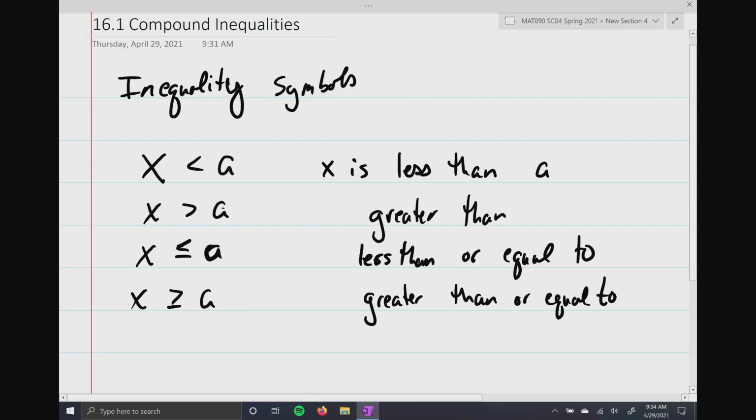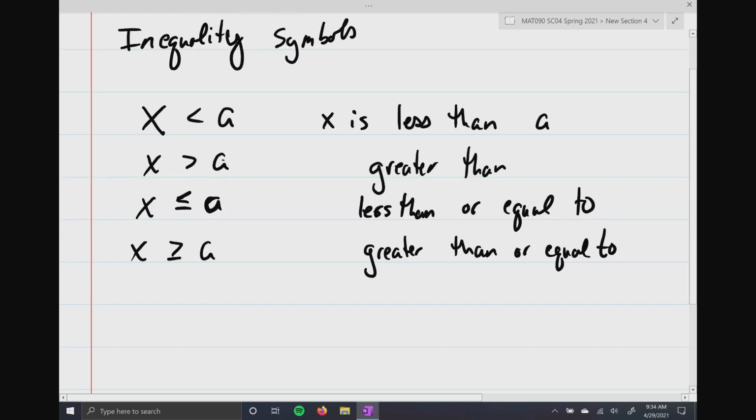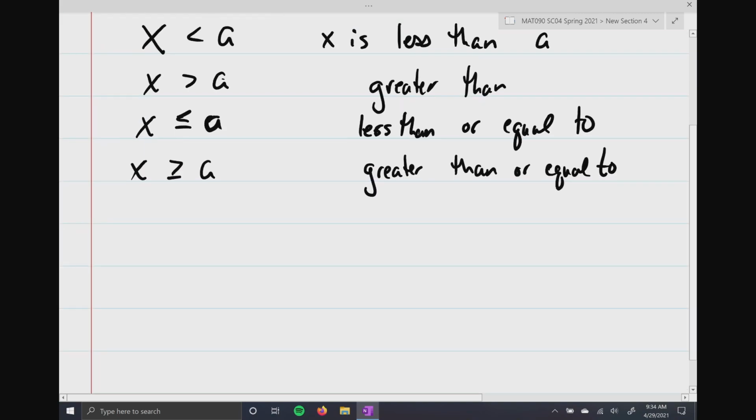All right. And the thing that we have to remember here is that these inequalities will actually represent sets of numbers. Let me show you a major difference here. If I asked you to solve this problem, x plus 1 equals 5, you would subtract 1 from both sides, and you would say x equals 4.